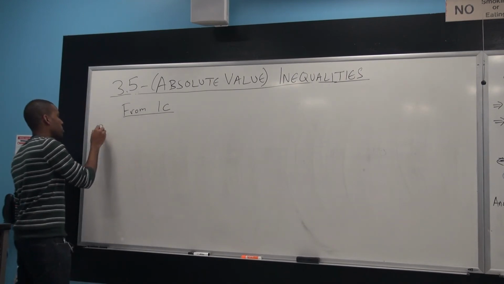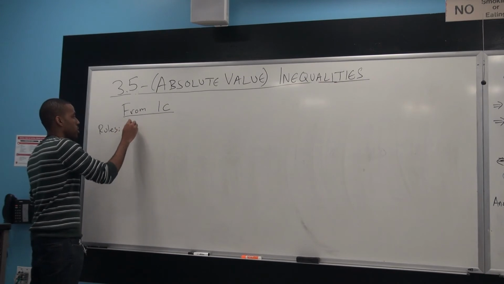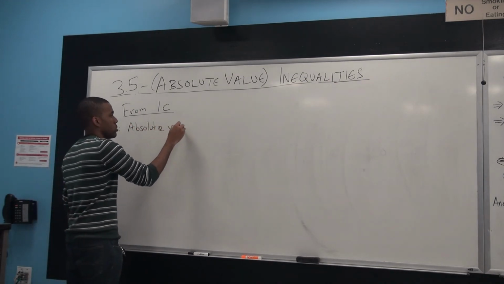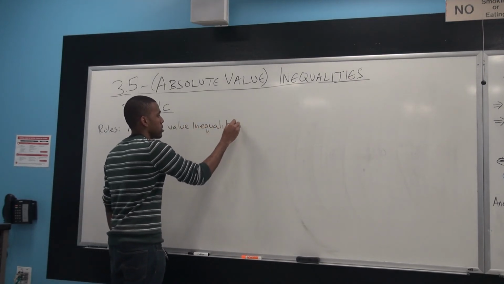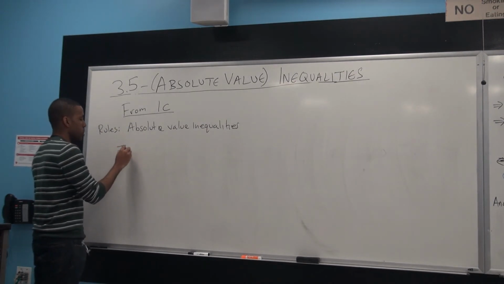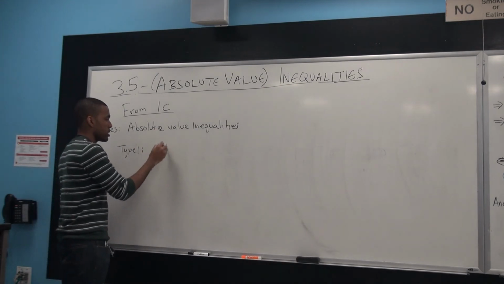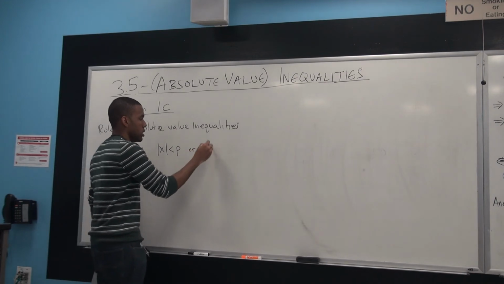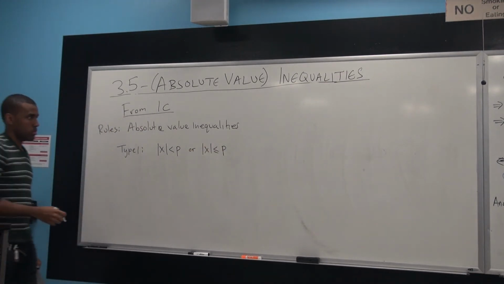We have rules for absolute value equations and absolute value inequalities. They break them into two types. There's a type 1, and this means you have things like |x| < p, or |x| ≤ p.